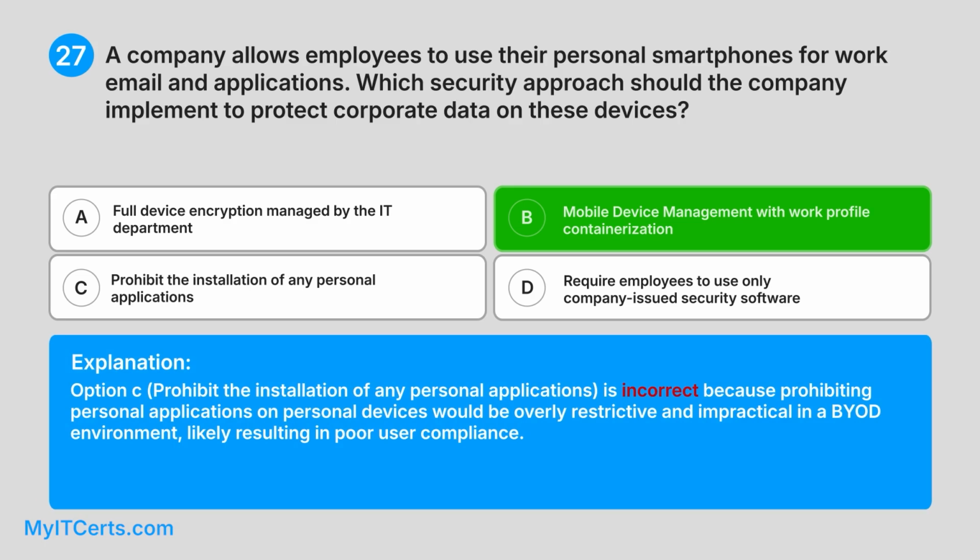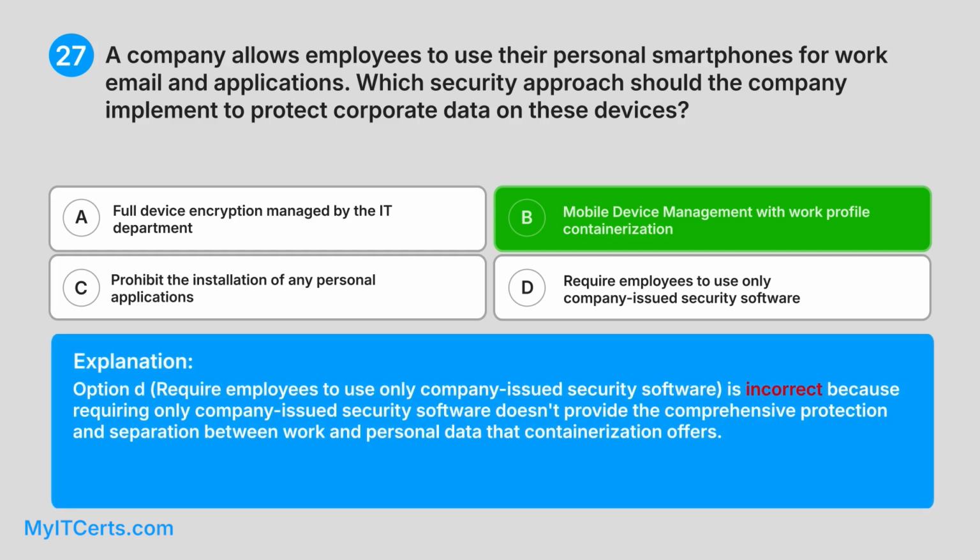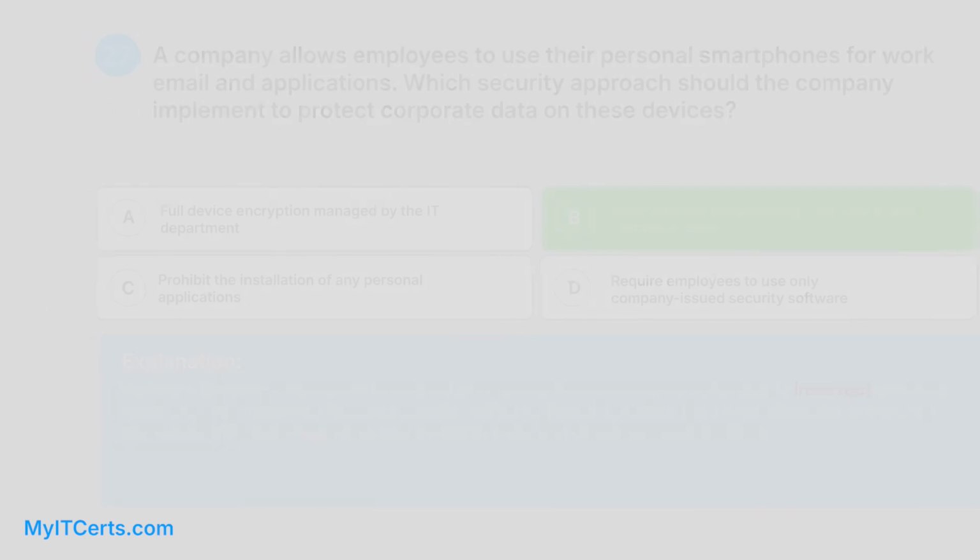Option C, prohibit the installation of any personal applications, is incorrect because prohibiting personal applications on personal devices would be overly restrictive and impractical in a BYOD environment, likely resulting in poor user compliance. Option D, require employees to use only company-issued security software, is incorrect because requiring only company-issued security software doesn't provide the comprehensive protection and separation between work and personal data that containerization offers.